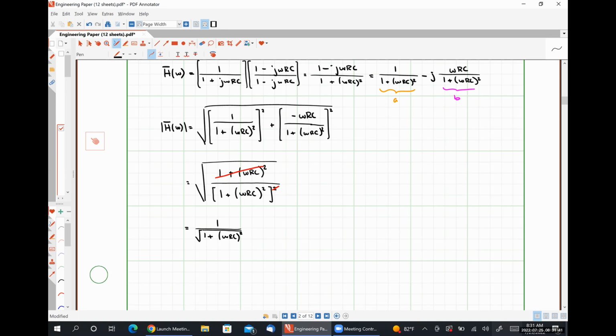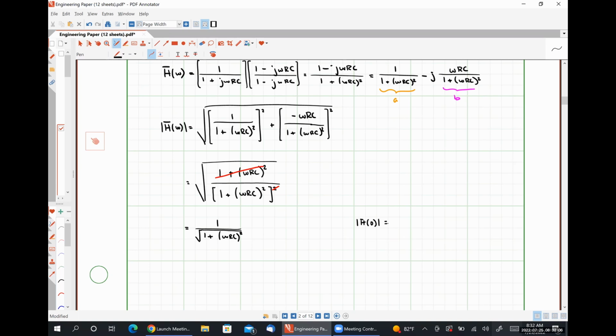Now what we're going to do is use this information to figure out what kind of filter we have, okay? So if we evaluate this expression at omega equal to 0, what would we get?